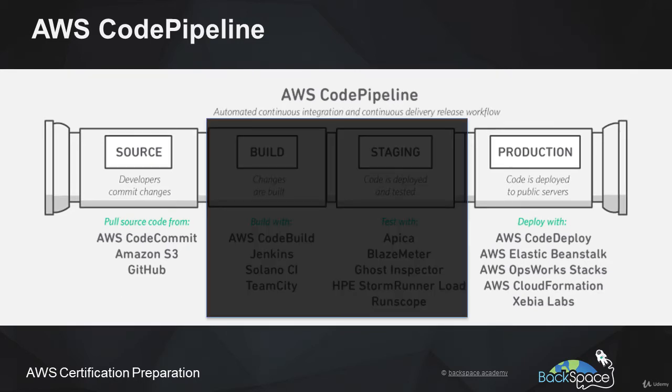Now for this lab, we're just going to be going from our source and integrating that with our production environment, which we're going to create on Elastic Beanstalk, which will be a highly available and fault-tolerant architecture for deploying that Node.js web application. And we're just going to integrate that with our GitHub repository so that when we make changes to our GitHub repository, they will be automatically pushed through to our deployed environment.